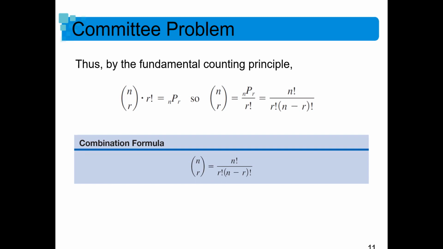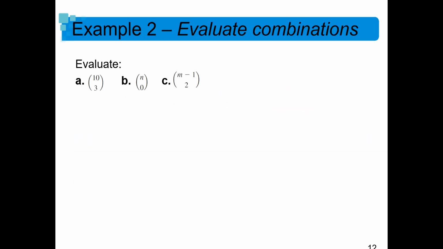Notice that the difference with the permutation formula is the presence of r factorial in the denominator. That's the difference between the formulas for permutation and combination. For example, if we evaluate 10 choose 3, what we have is this.